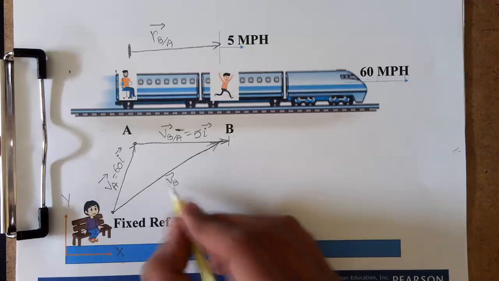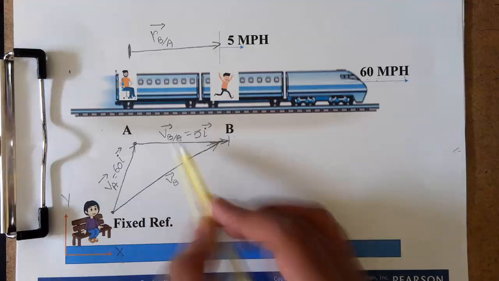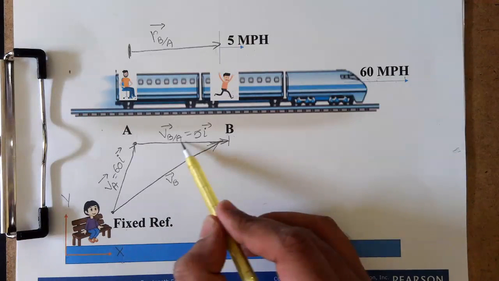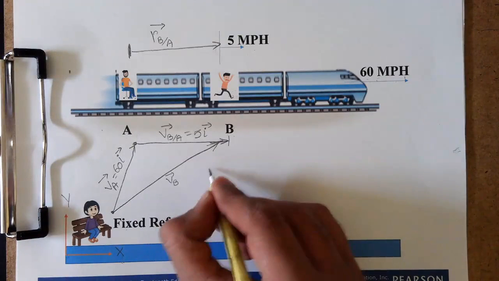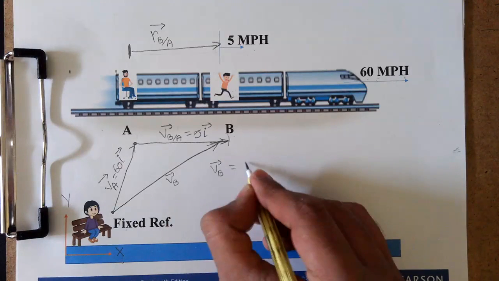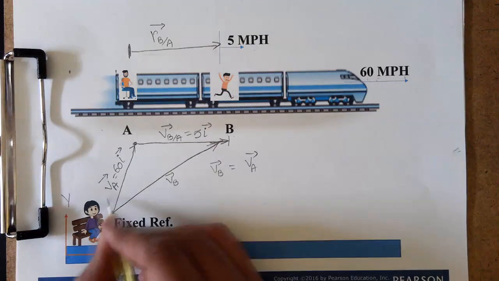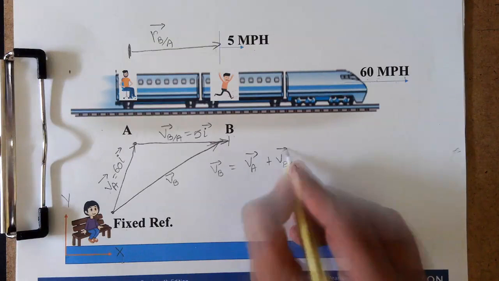That means it is absolute velocity. When it is relative to something, then we write a slash and the point with respect to which we are defining the velocity. So if we write this as an equation, the velocity of B is nothing but the velocity of A plus the velocity of B relative to A.